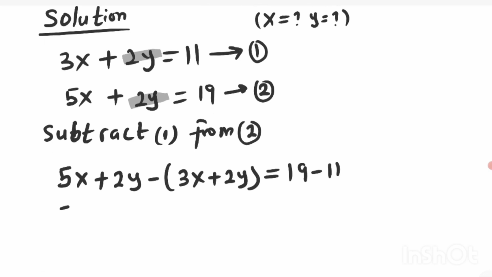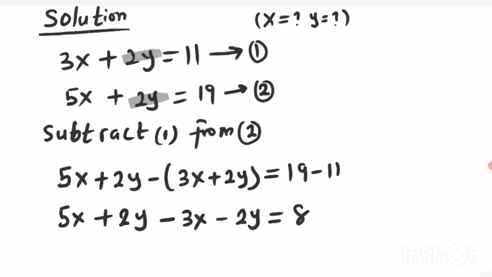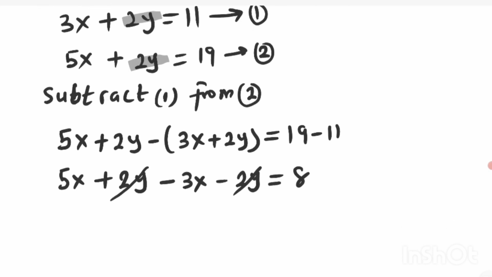Then here is 5x plus 2y minus 3x minus 2y is equal to 19 minus 11, that is 8. Then this cancels this. We have 5x minus 3x, this is 2x is equal to 8.